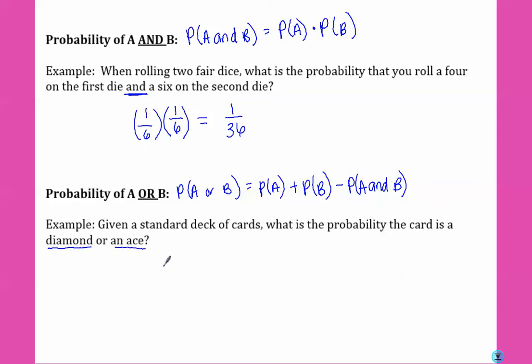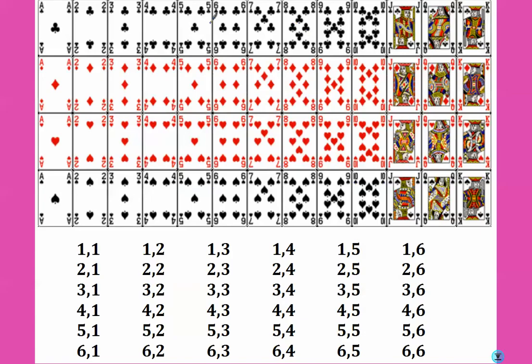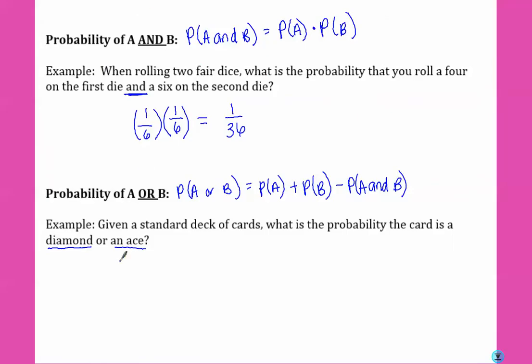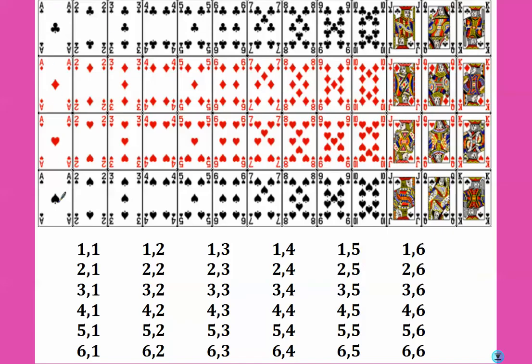So if you're not familiar with the deck of cards, they're here in the top half. So diamonds, we have 1, 2, 3, 4, 5, 6, 7, 8, 9, 10, 11, 12, 13 diamonds out of 52 cards. So that's the probability of getting a diamond. Plus the probability of getting an ace, those are the ones here with A's on them.